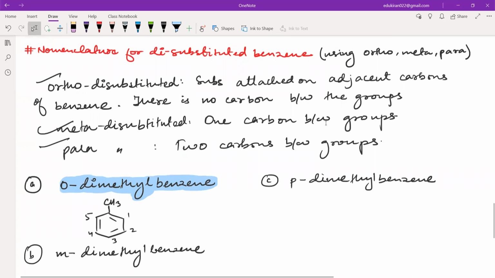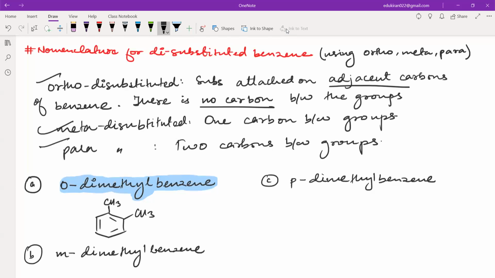ऑर्थो में बताइए क्या बोला है हमने? एडजेसेंट मतलब क्या होता है समायरा? 1 और 5. हाँ 1 और 5 ना. क्यों आपने 3 क्यों बोल दिया? 1 और 5 anyone will be fine, right? CH3. ठीक है. Samara, can you tell me why did you say 3?